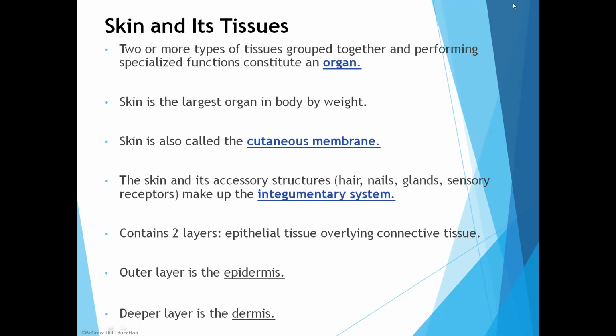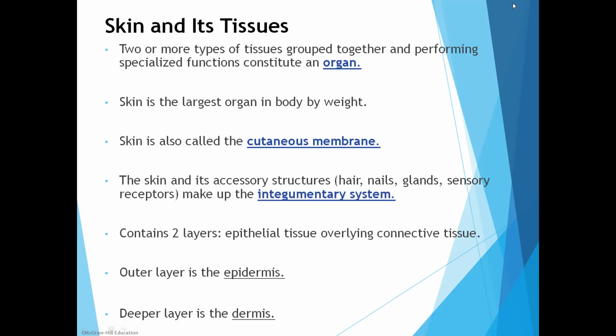So when we think about what organs are involved, again, you have your skin, your hair, your nails. We're going to start talking about glands as well, and some sensory receptors around the skin and around the nail beds. When we think about skin itself, there are actually two layers to the skin. The first layer, the superficial layer, is epithelial tissue.